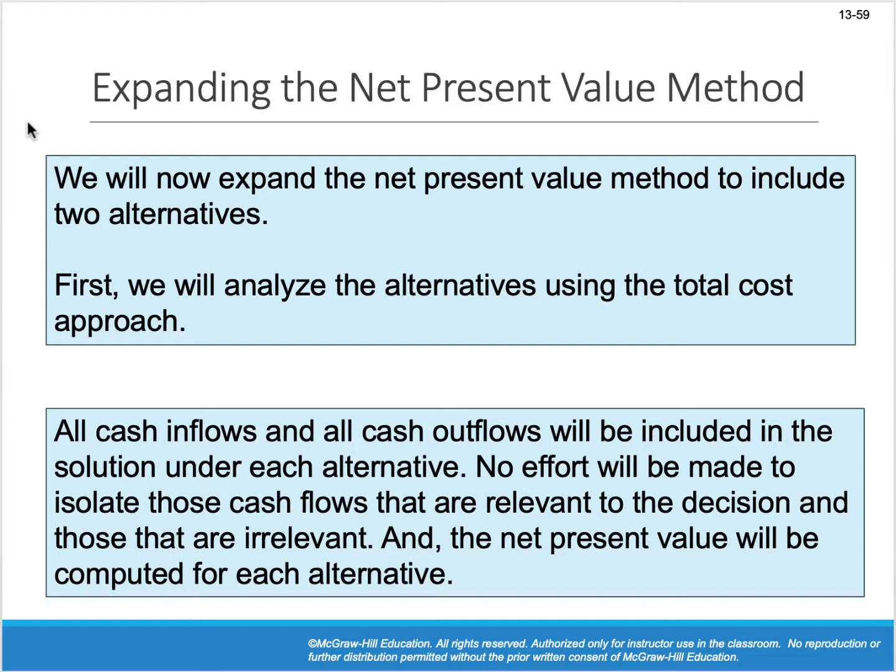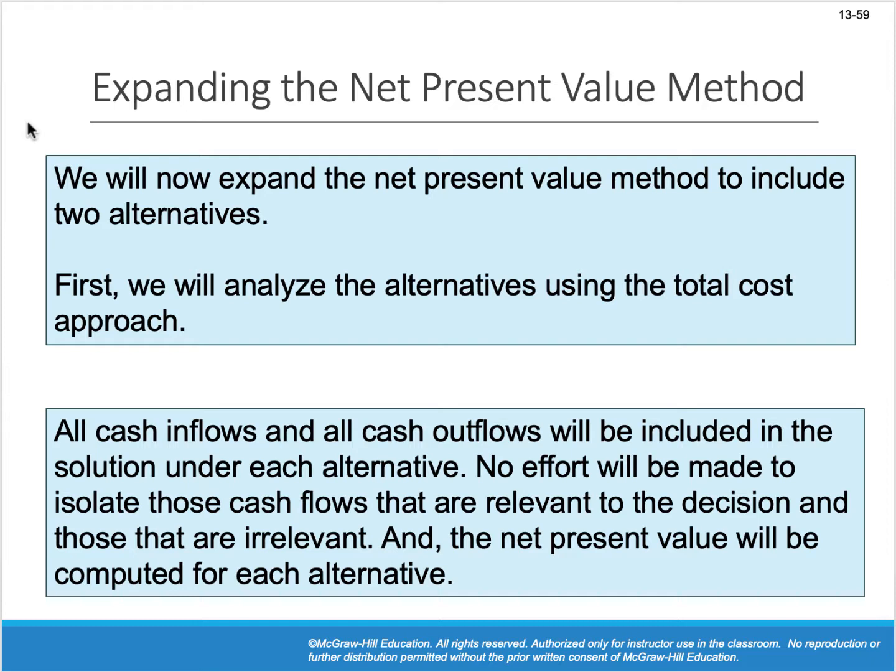So no effort is going to be made to isolate those cash flows that are related to the decision and those that are irrelevant. Second, when it comes to the total cash approach, the NPV is going to be computed for each alternative.